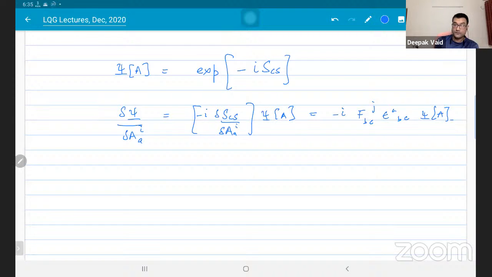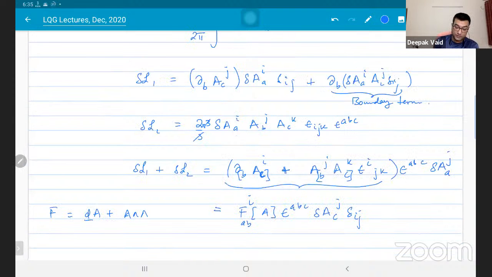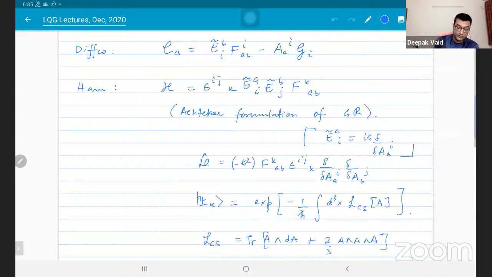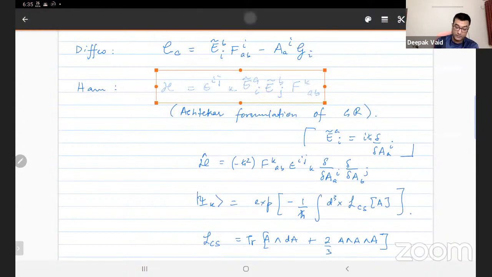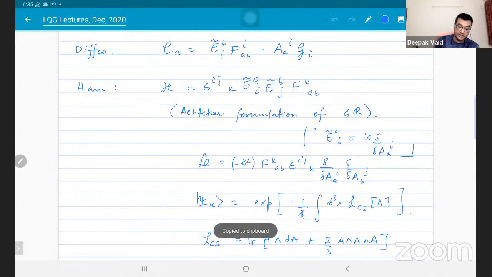And so we have this form of the Hamiltonian constraint. It contains two of these co-triads, and it contains this curvature tensor.